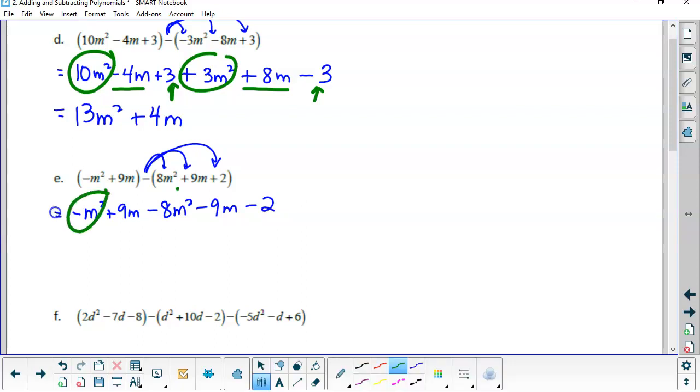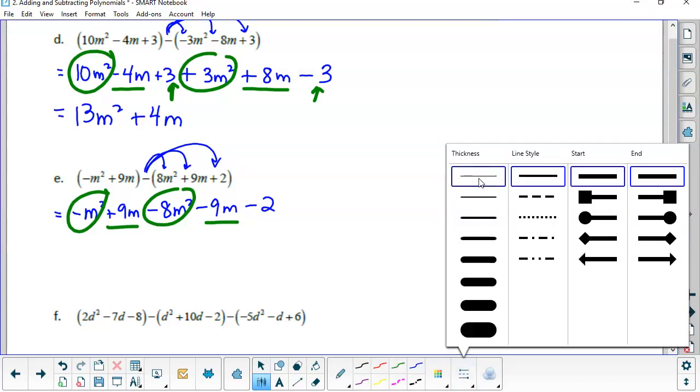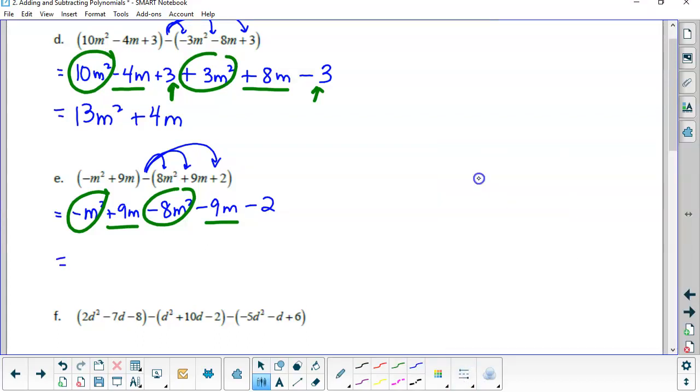So m squared, m, and the constant term doesn't have any like terms to it. Okay, so negative 1 minus 8 is negative 9m squared. 9m minus 9m is 0m, which you don't even show, minus 2.